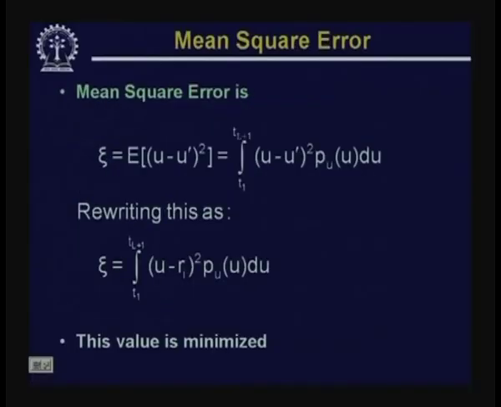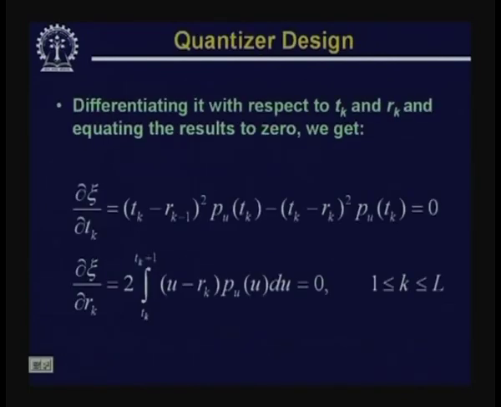So, if I differentiate this particular error value, the integral of (u minus r i) squared p(u) du from T i to T i plus 1, where zeta is the error value, then del zeta del T k is the same as (T k minus R k minus 1) squared p(T k) minus (T k minus R k) squared p(T k), and this has to be equated to 0.